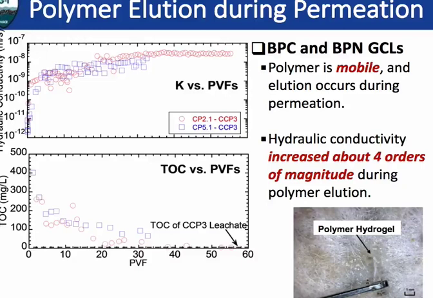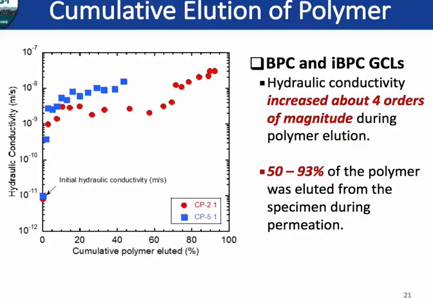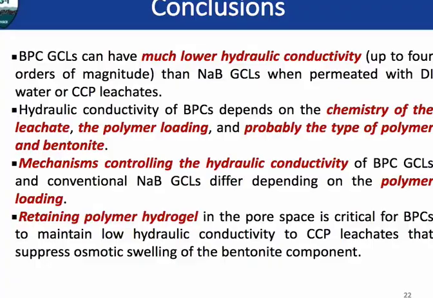We can see a large quantity of TOC eluted over the initial time, the first 2 PVFs, and continuing until 35 PVFs. To quantify this, we correlate the hydraulic conductivity to the cumulative polymer elution. We can see that more than 50% of the polymer was eluted. This eluted polymer left up pore space, and the hydraulic conductivity increased about 3 to 4 orders of magnitude.